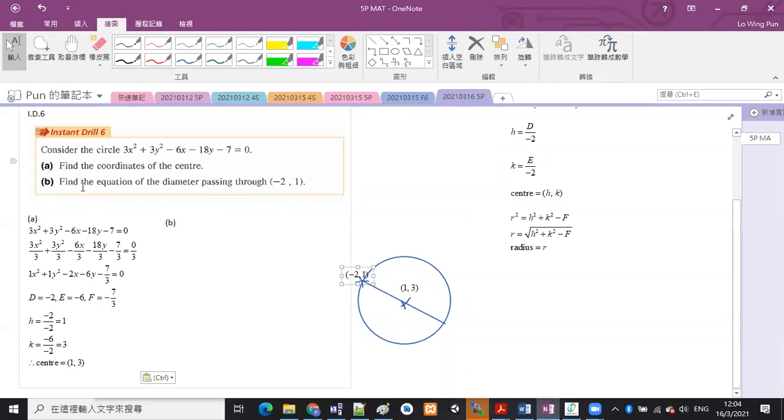That is the equation of a straight line.